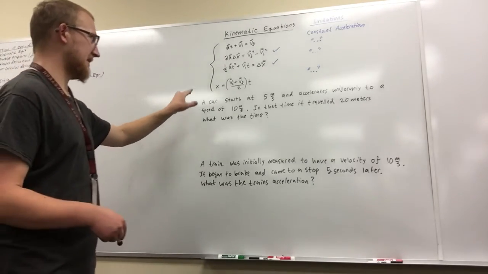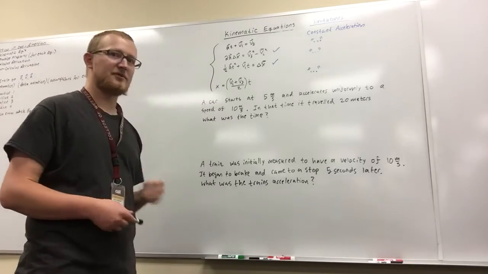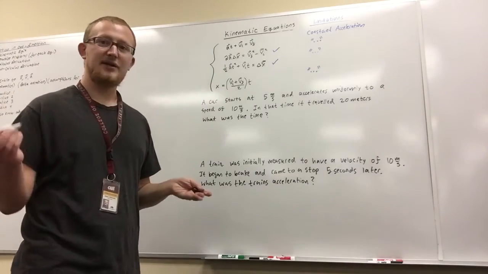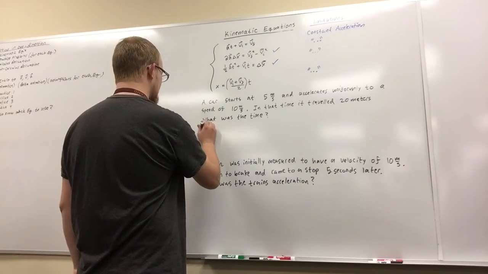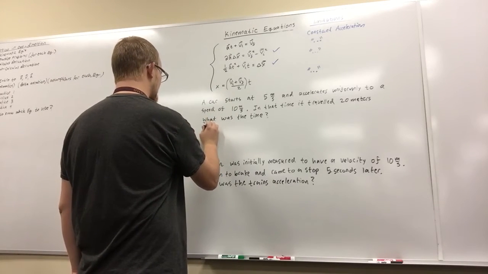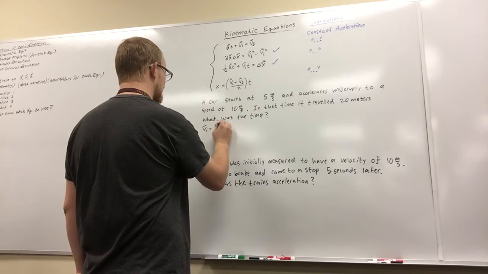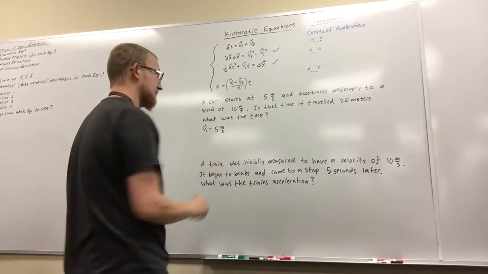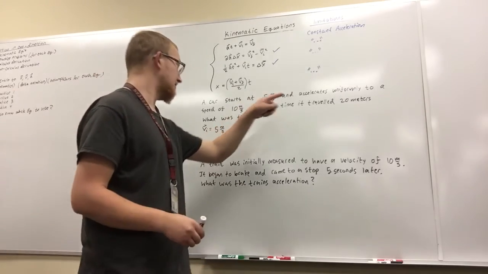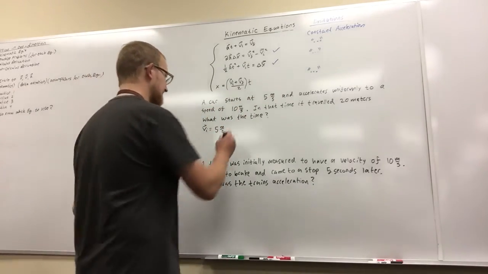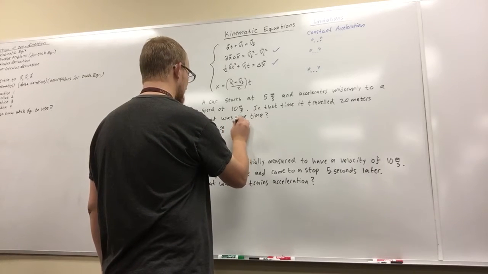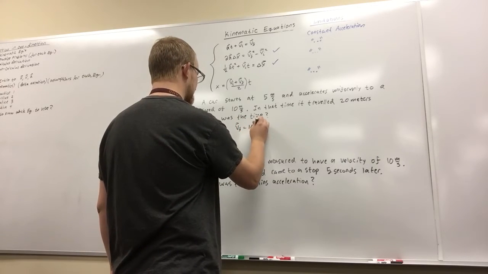So this problem states that a car starts at 5 meters per second. Alright, so I just like to start writing things down. If a car starts at 5 meters per second, in math that means its velocity initial was 5 meters per second. And it accelerates uniformly to a speed of 10 meters per second. Well, that means its velocity final is 10 meters per second.